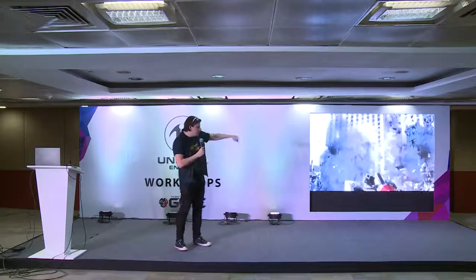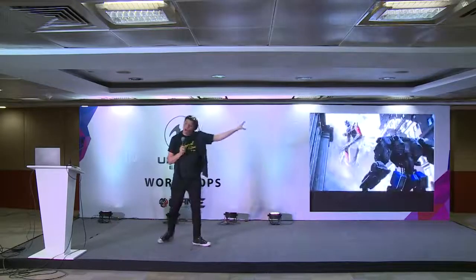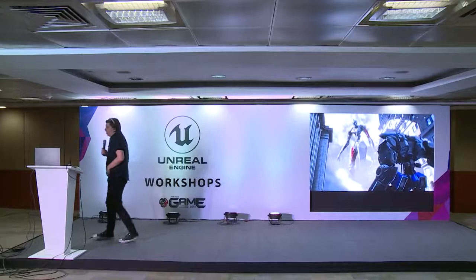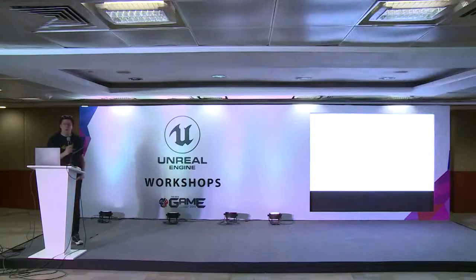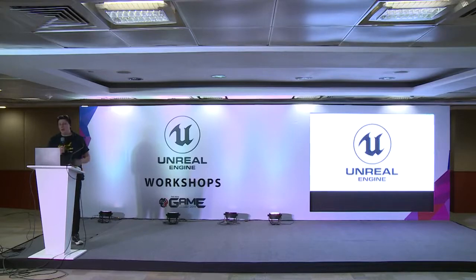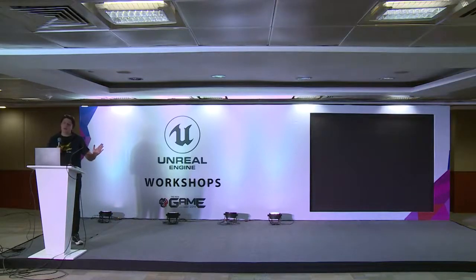We can also do some insane stuff like this, where we can get something that would normally be running at 1 frame per second and pre-bake the entire collapse, right? You're probably like, all right, that sounds kind of cool.